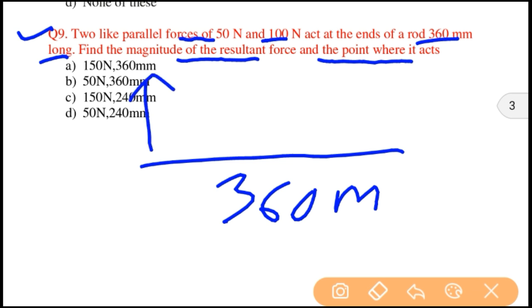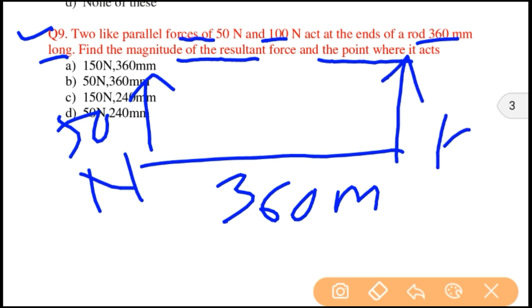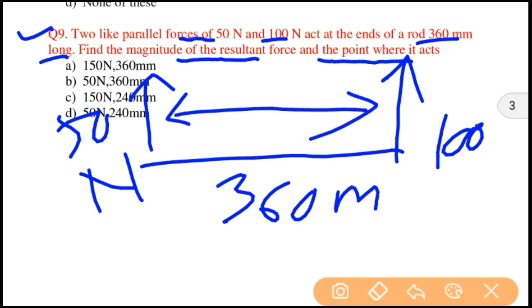So we have 50 Newton and we also have 100 Newton. In this arrangement, these are like parallel forces, so the resultant will lie somewhere between these two points.